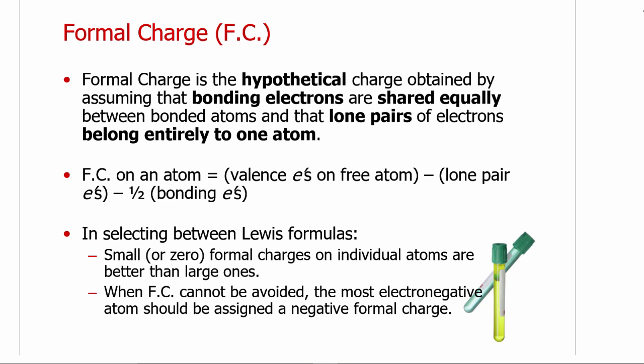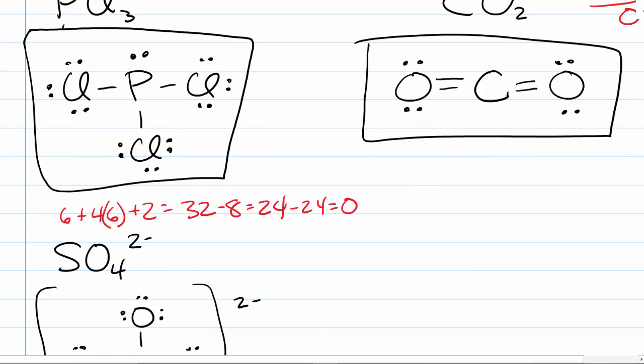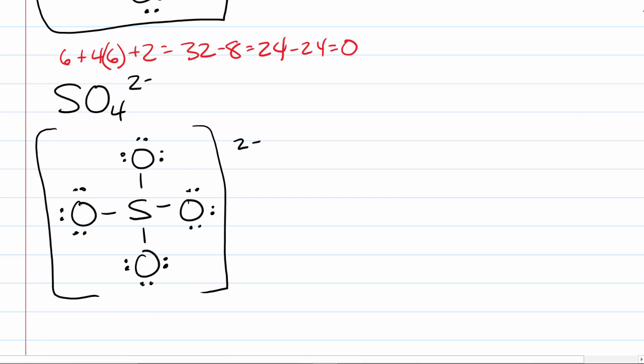And one of the reasons for this is that sometimes we can't explain why things bond the way they do. For example, the other day we were writing out structures for the sulfate ion, and I don't remember where exactly we did this one. But right here, we came up with a structure for a sulfate ion that looks something like this.